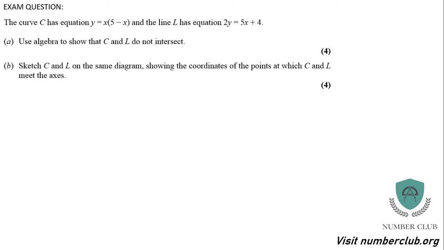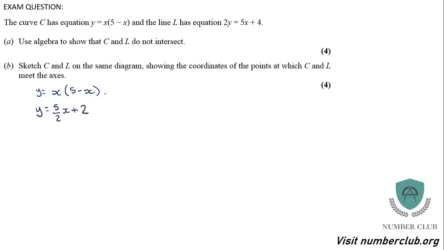All right, so use algebra to show that they do not intersect. First up, y is going to equal x lots of 5 minus x, and also 2y equals 5x plus 4. So I'm going to say that y equals 5 over 2x plus 2.